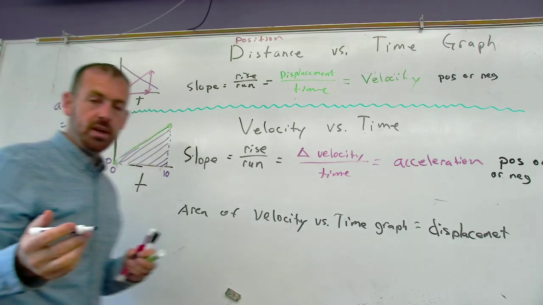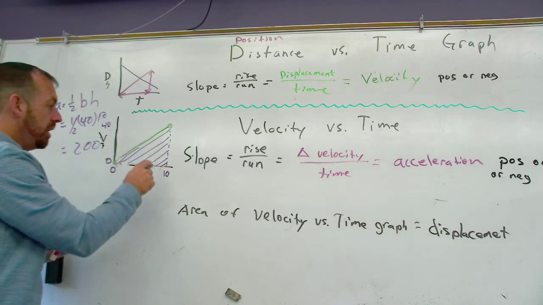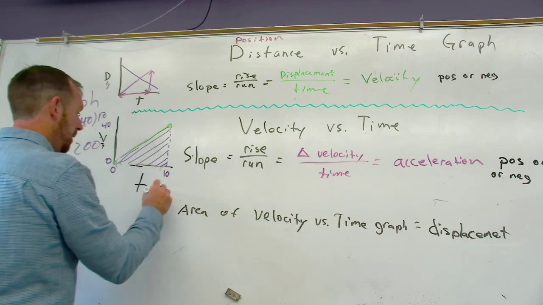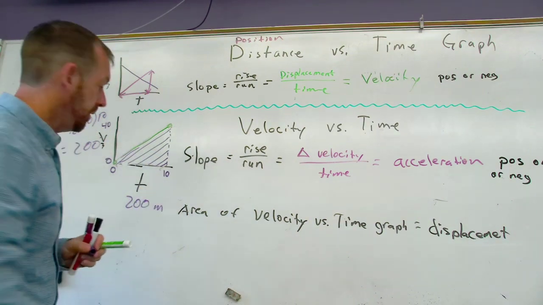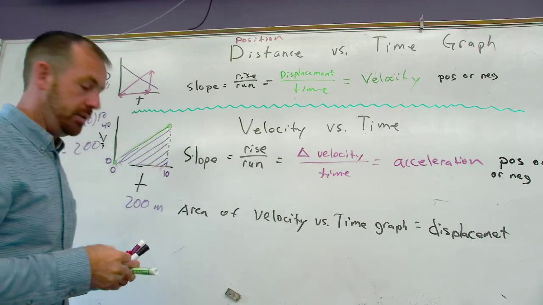What that would tell you is that 200, which would be the area of this, would tell you that the displacement would be 200 meters. And so there's times when it would be valuable to find the area under that. It would be a way of finding displacement.